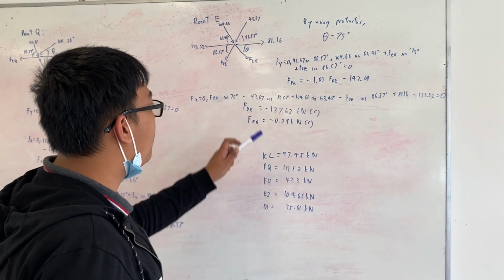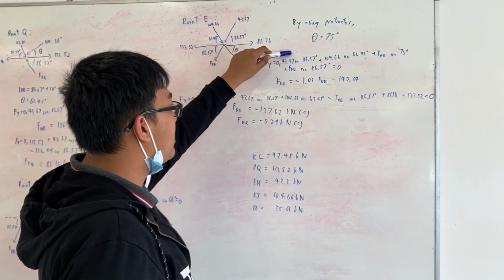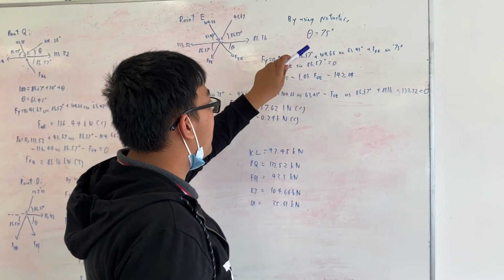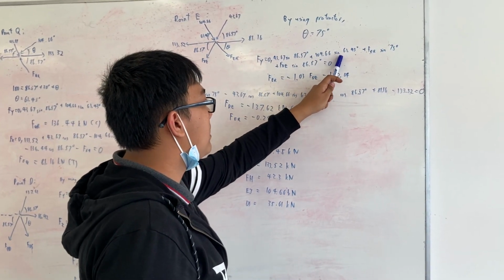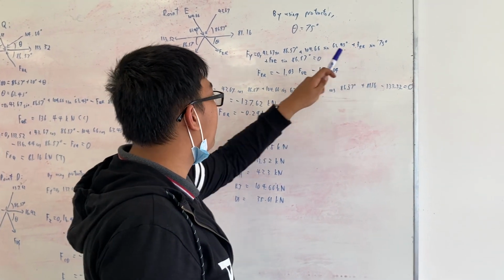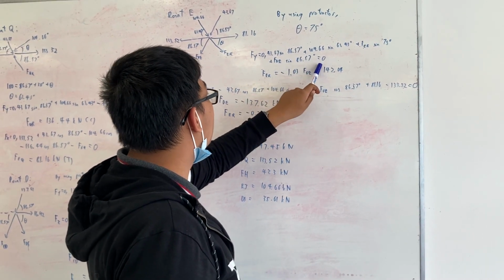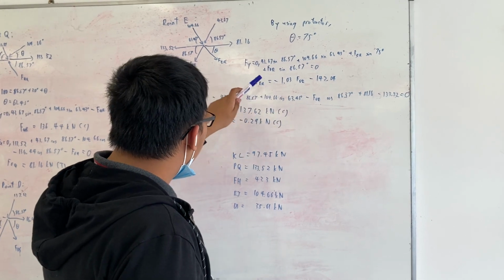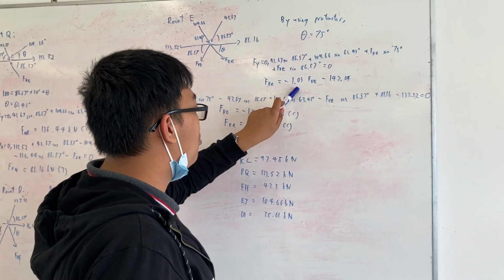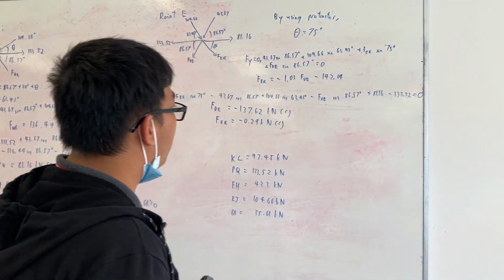With that, we will use it to find the Fy first, which is 43.67 sine 86.57 plus 104.66 sine 63.43 plus FER sine 75 plus FDE sine 86.57 is equal to 0. With that, you can determine that FER is equal to negative 1.03 FDE minus 104.04.